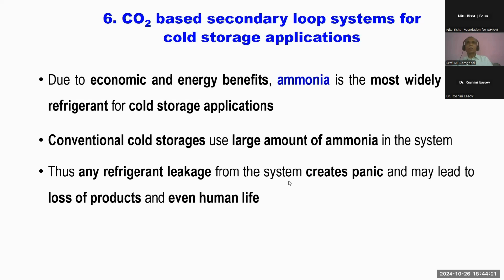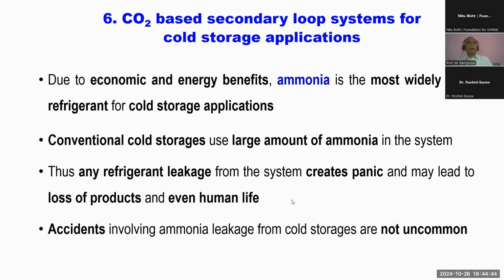So if there is a leakage, it can create a huge panic, and it may lead to loss of products, because if there is any leakage into the conditioned space, ammonia will leak into the cold storage, so the products may get spoiled. And if ammonia leaks out, then it will create problems for the surroundings, and it may even lead to loss of life. So these are serious problems. And accidents involving ammonia leakage are not very uncommon.